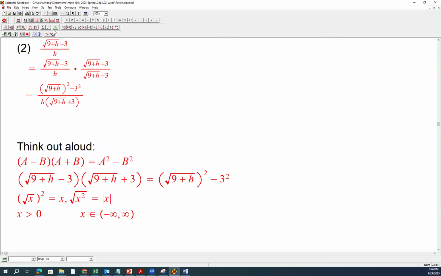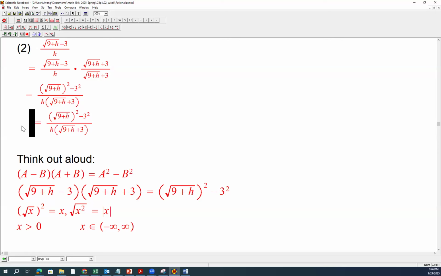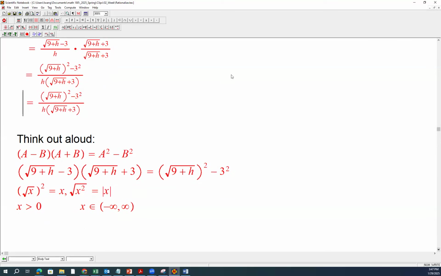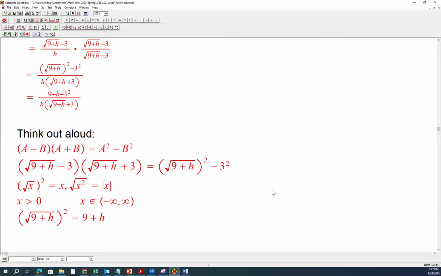And the next step, we apply that formula, which is the root of 9 plus h squared, right? That's in the first case, and that equals 9 plus h. So that piece is replaced by 9 plus h. And 3 squared is 9. And once again, 9 minus 9 makes 0.